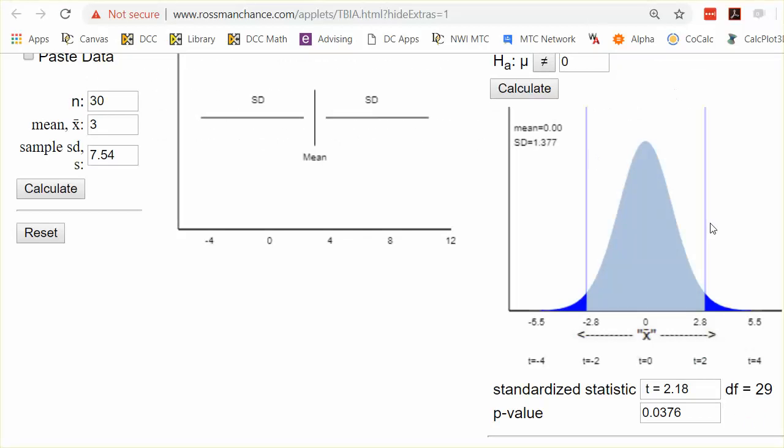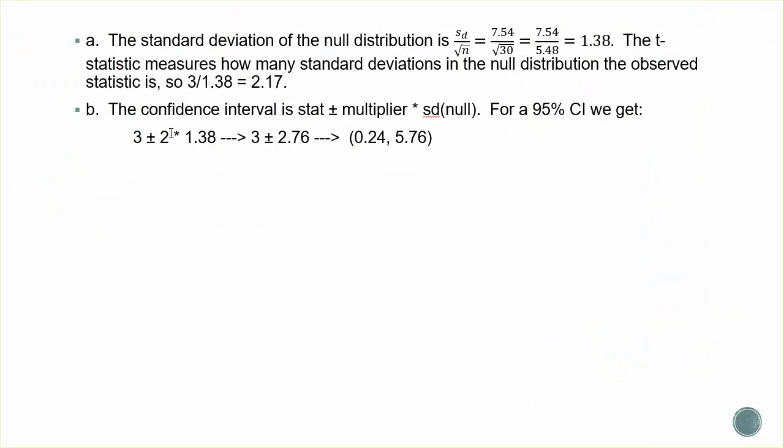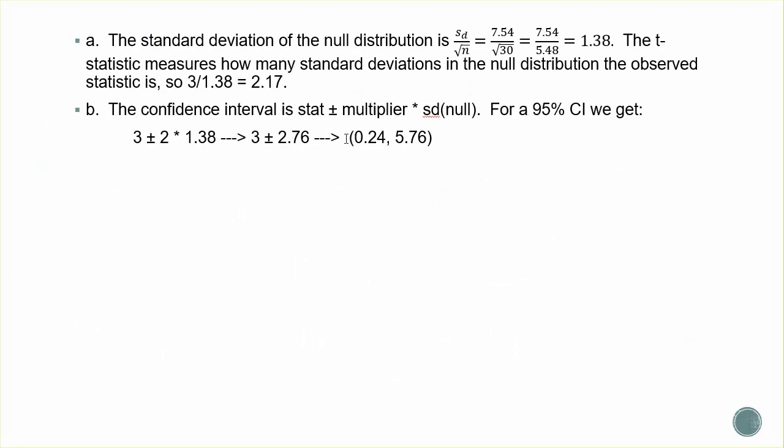You can see the standard deviation is 1.37, but we could use the formula to calculate it. If you do that, you get 0.24 to 5.76, which is pretty similar to what we had before, maybe not exactly the same. The computer is probably using 1.96 instead of 2 as the multiplier. That's technically the correct one, but 2 is fine.